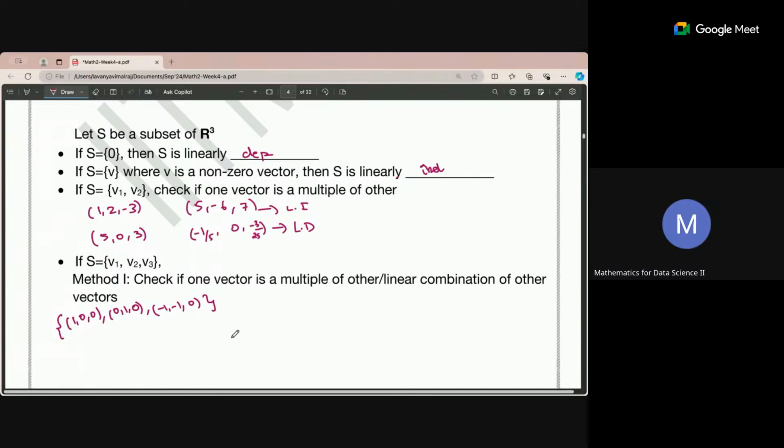Can you tell whether any one of the vectors is a linear combination of the other vectors? Third one, V3. Suppose you call them V1, V2, V3, then you can easily see that V3 is minus 1 times V1 plus minus 1 times V2. So this is a linear combination of the other two. Now, I am giving something like this.